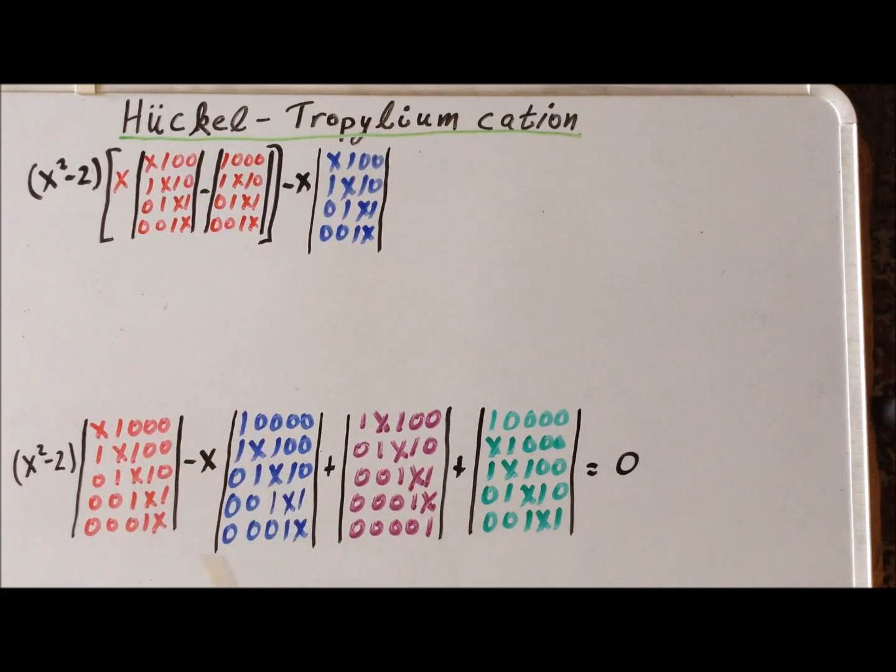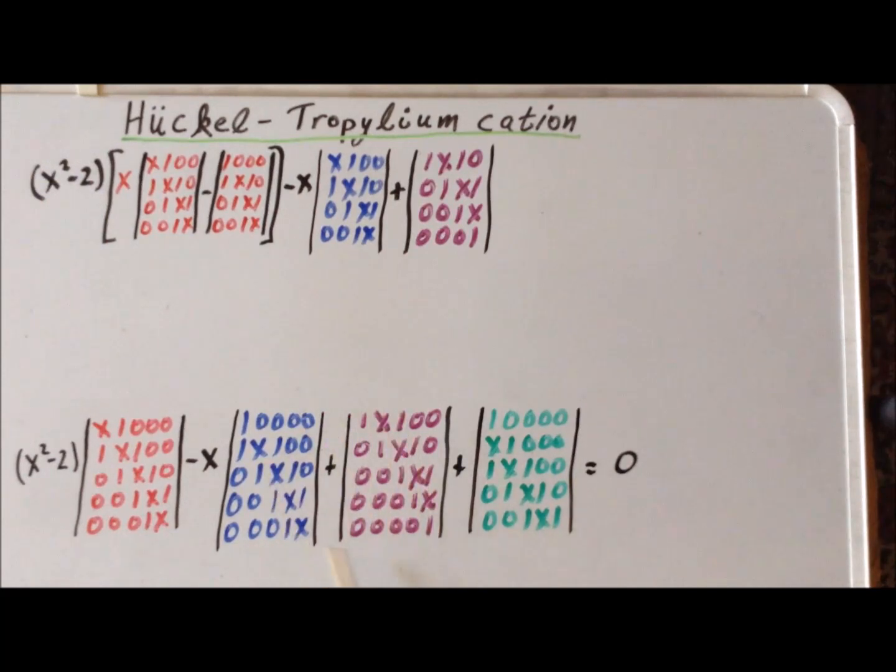To reduce the blue 5 by 5 determinant, we're going to use the top row because we notice that we only have one non-zero entry. So the coefficient here is going to be, say, +1, which we want to write there. And we notice that our 4 by 4 determinant we get by removing the first column and the first row. And we get the single blue 4 by 4 determinant.